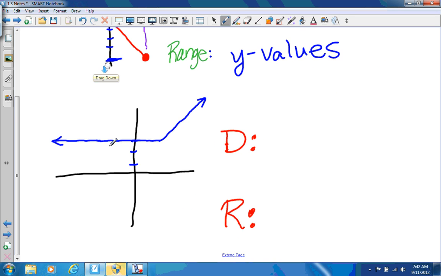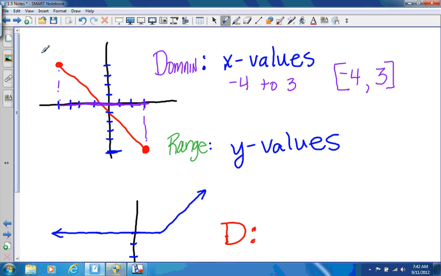So now we're looking at the y-axis, and that runs from that coordinate all the way up to this one. And so in this case, our range would be from -5 to +4. And again, because it includes those points, when you write it, you would use bracket -5, comma, 4, bracket.